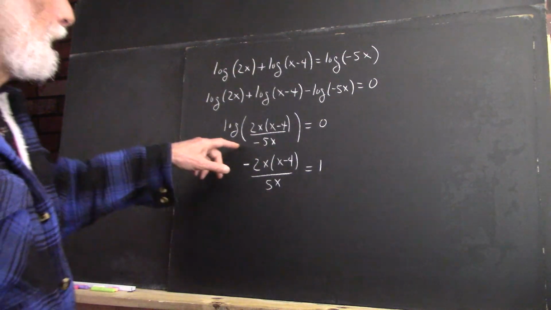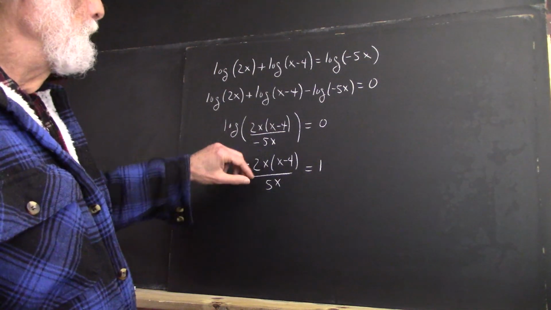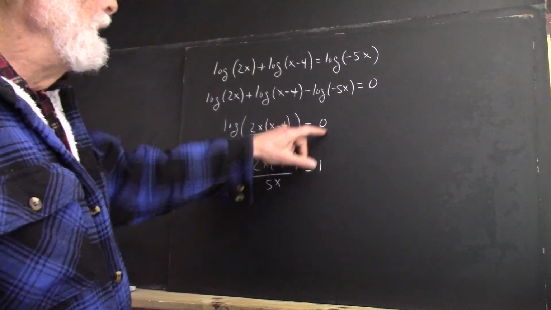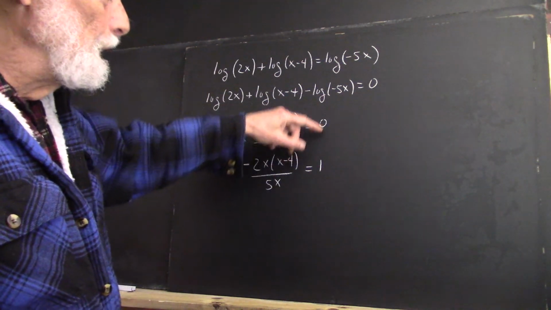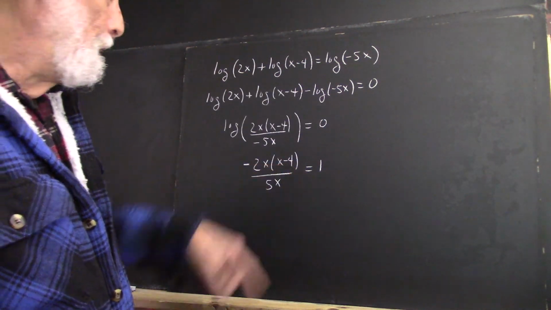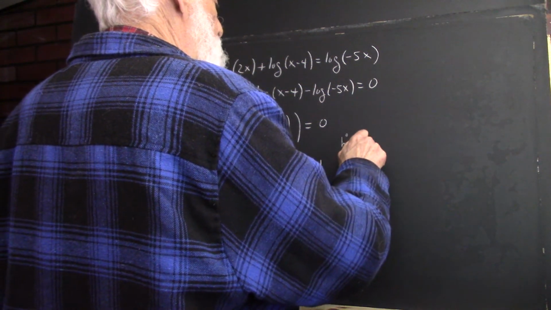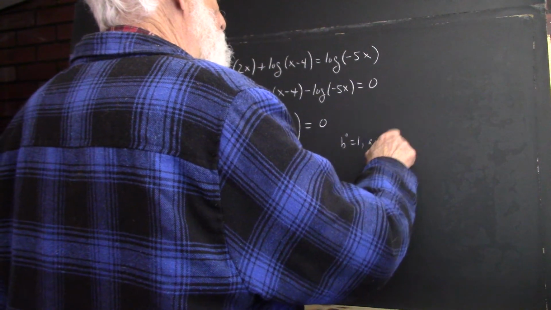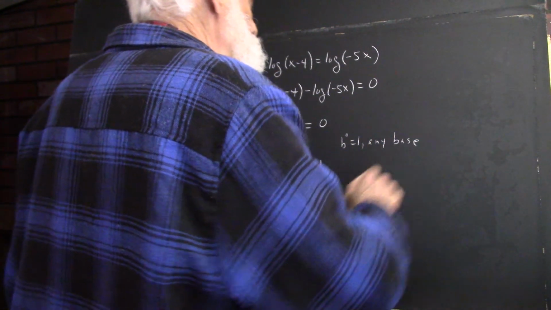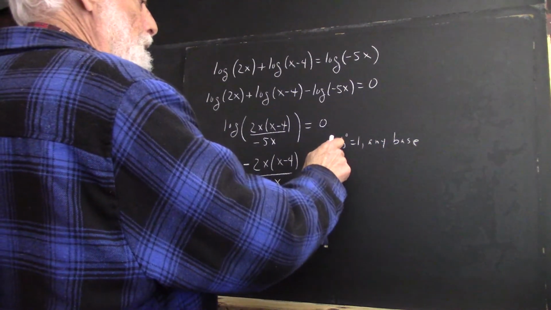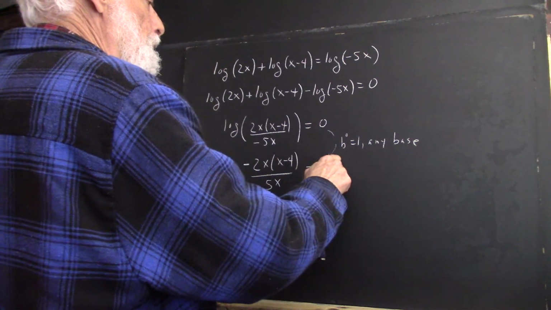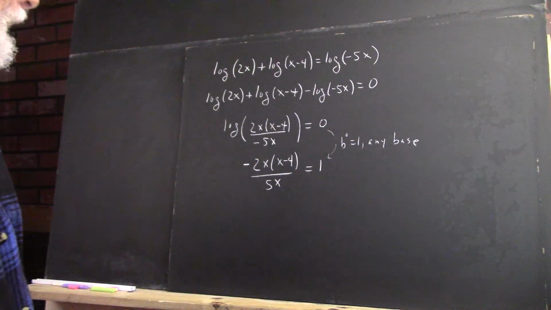Now, if your log is base b, you know that we'd have this equal to b to the 0. No matter what b is, b to the 0 is 1. Okay, so let me just make a note here. b to the 0 equals 1 for any base.